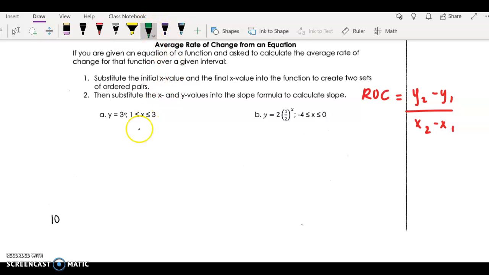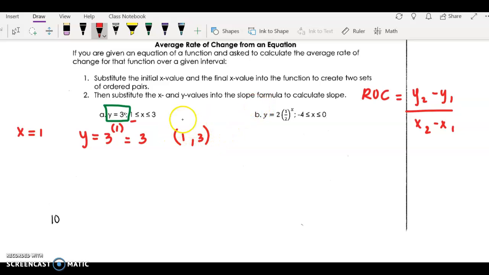So in our first example here, the function we're using is y equals 3 to the x. And the first x coordinate that we've been given is x equals 1. So I'm going to substitute 1 into the function, y equals 3 to the first power. That gives me y equals 3. This tells me that the point (1, 3) is on the graph of my function in x, y order.